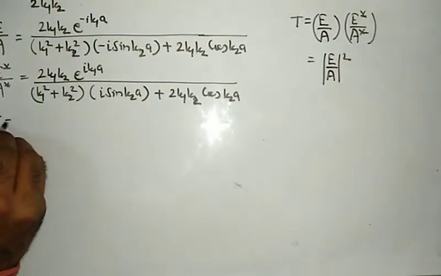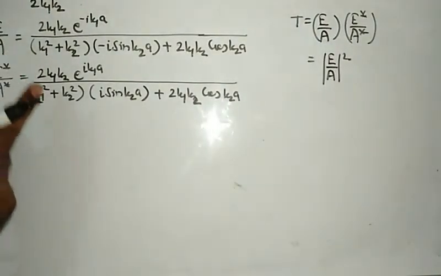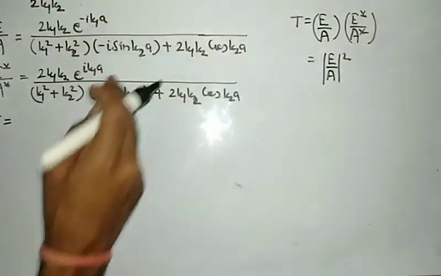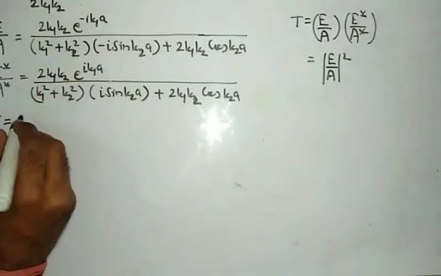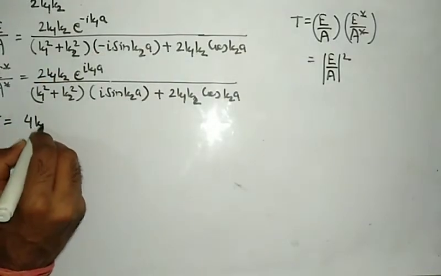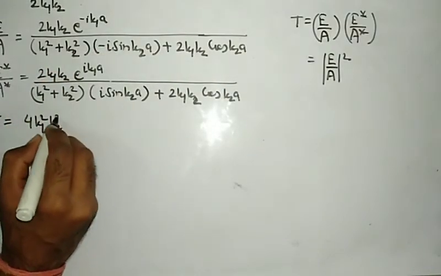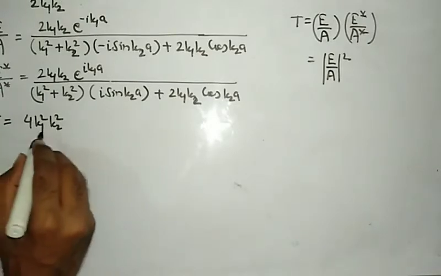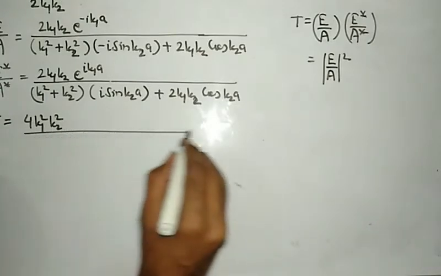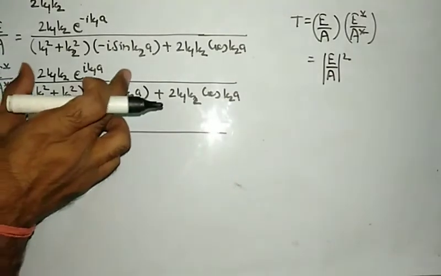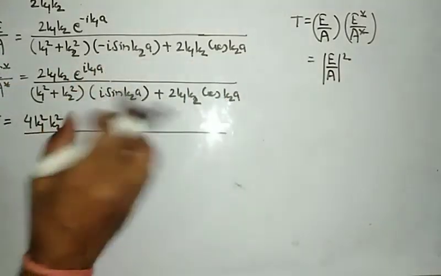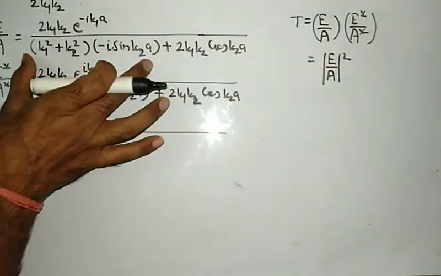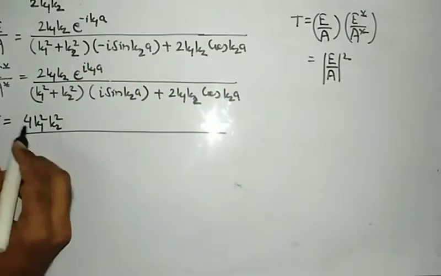So calculating t, this into this as in the formula here. When you multiply, in the numerator we get 4 k1 square k2 square, and in the denominator, this is in the form of a plus b and a minus b, so we get a square minus b square, that is this square and this square.